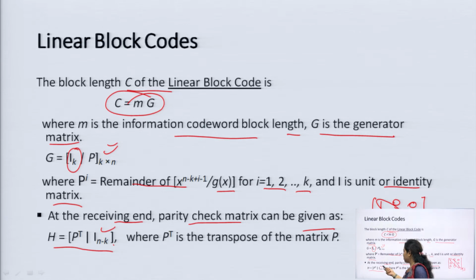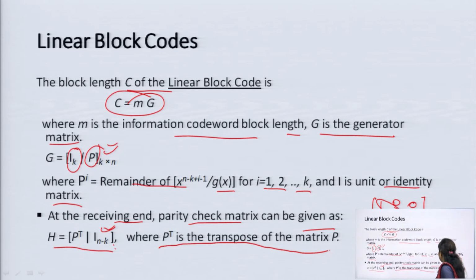This is again the parity matrix, but P transpose means whatever P you have used in the generator matrix at the transmitter side, the transpose of that matrix will be used at the receiver side, that is H equal to P transpose by I n minus k, where P transpose is the transpose of the P matrix. So, the P matrix is the same at the transmitter and at the receiver side.